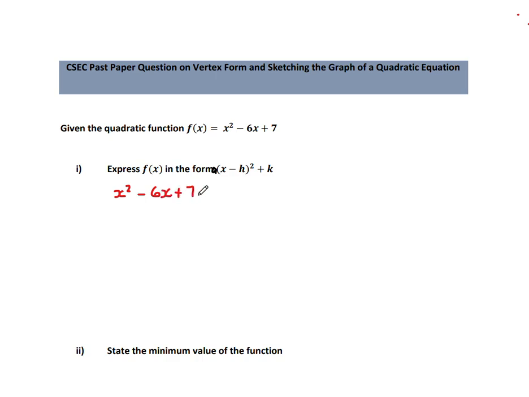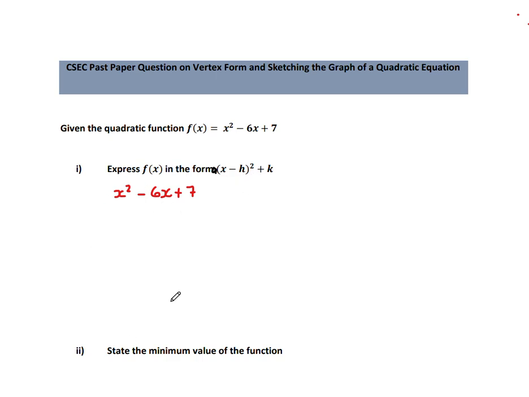And what we will be required to do here, in order to express it in the form a into x minus h all squared plus k, is to apply the technique of completing the square. I have done previous lessons on completing the square and will do future lessons on the topic as well.